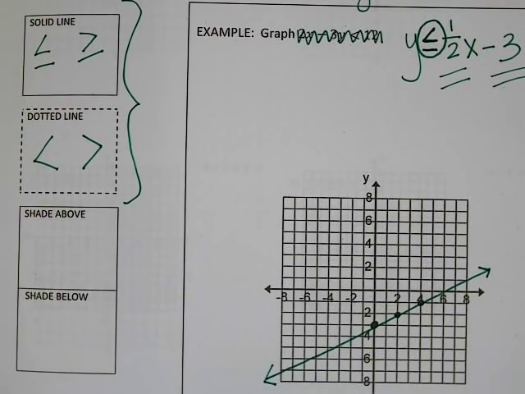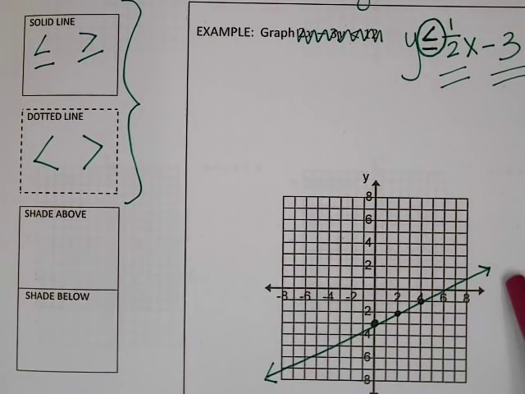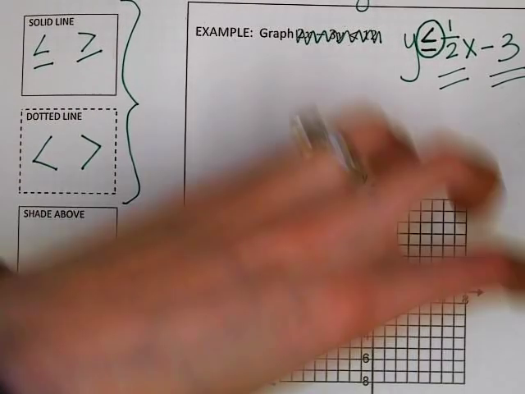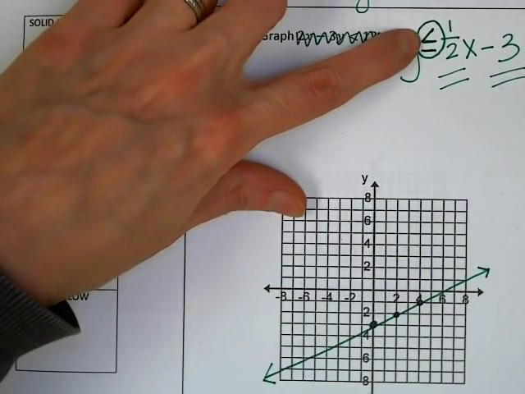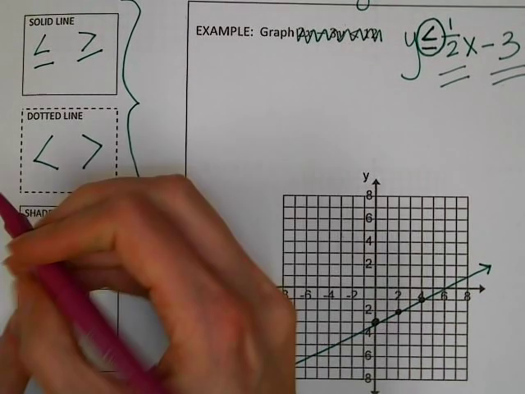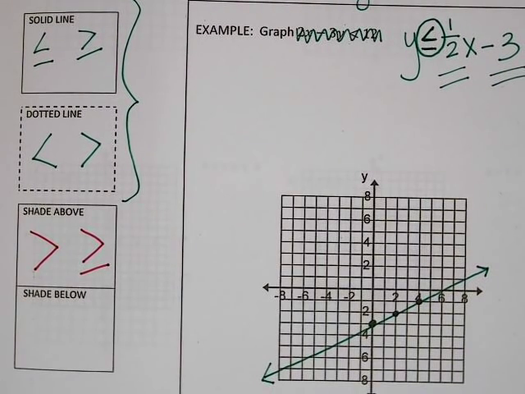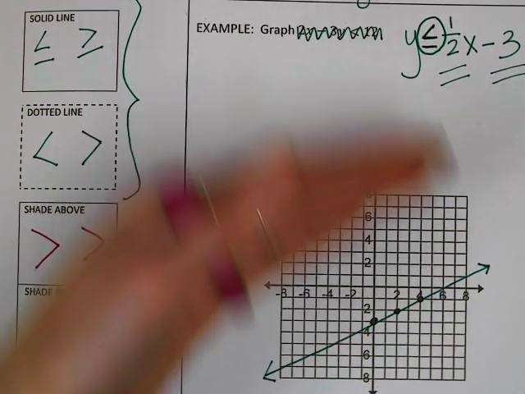All right, so it's always going to be one of these. And then we have to shade, because if it says less than, we don't want just the line. We want which region is less than this line. Okay, so you shade above if it's any kind of greater than or equal to, because greater than means above.